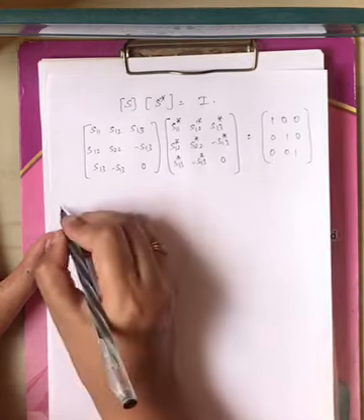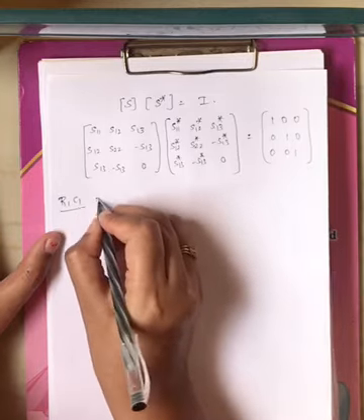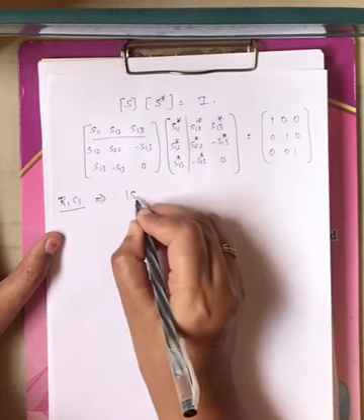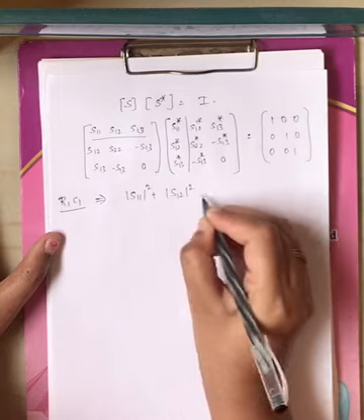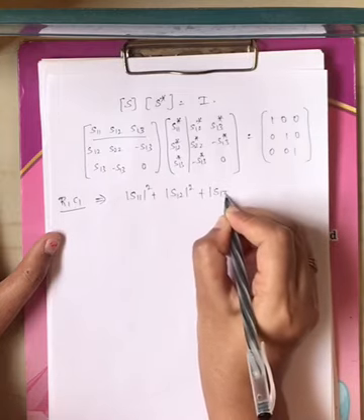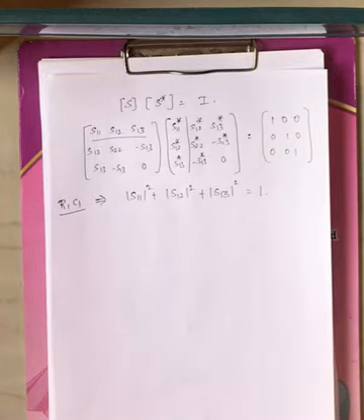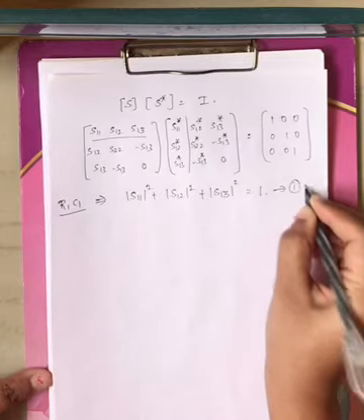Now same procedure. Multiply R1 with C1. What will you get? Mod S11 square plus mod S12 square plus mod S13 square equals 1, right? Represent it as equation number 1.